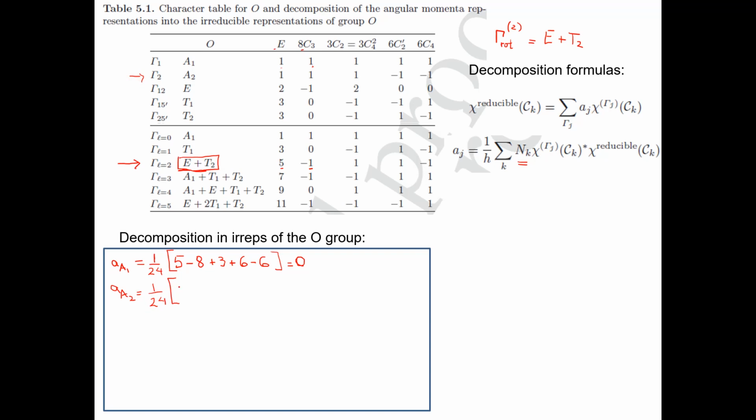So it's 5 minus 8. They're all the same except for the last two, they change sign, right? So this plus 3, this is minus 6 plus 6. Okay? Because basically these two numbers have opposite signs than these other two numbers. So this is also 0.